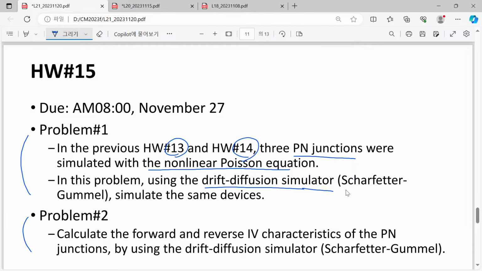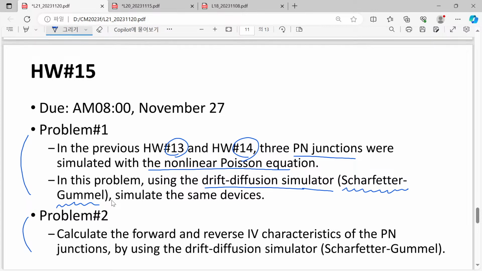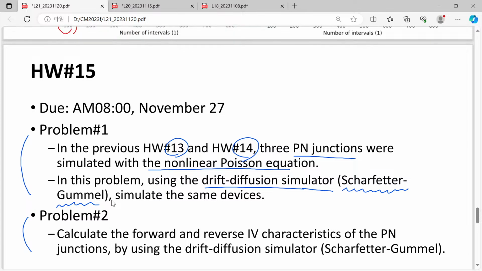But now you have the Scharfetter-Gummel discretization. So please implement your Scharfetter-Gummel discretization. Then please simulate this equilibrium electron density and hole density. You can find the drastic improvement over your homework number 14.